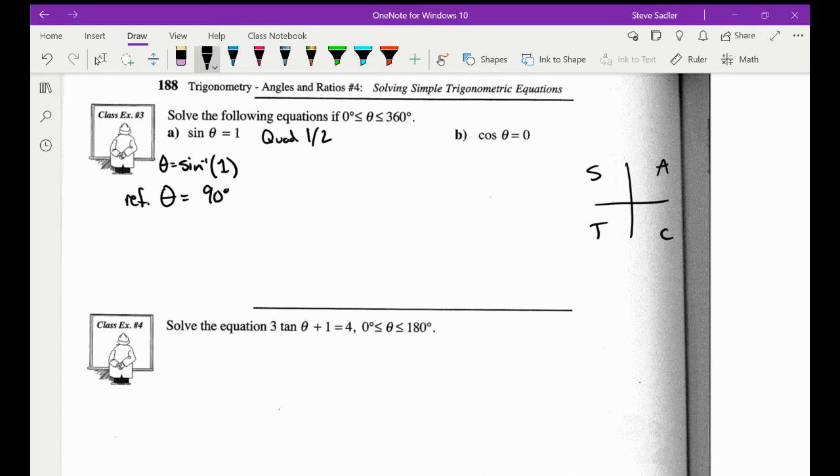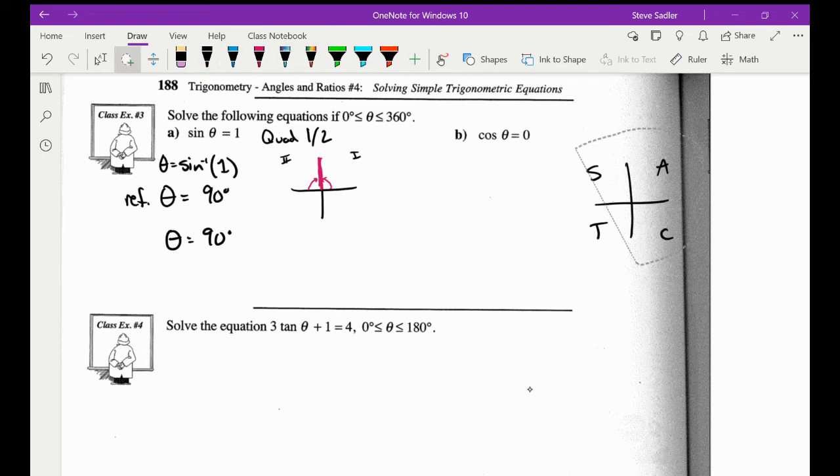So we're looking at 90 degrees from the nearest x, in quadrant 1 and 2, let's do a little drawing here. It's going to be right there. And from here, it's going to be right on the same line. So you can see we're only going to have one rotation angle here. So in this case, theta is equal to 90.